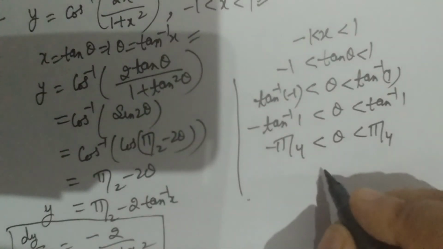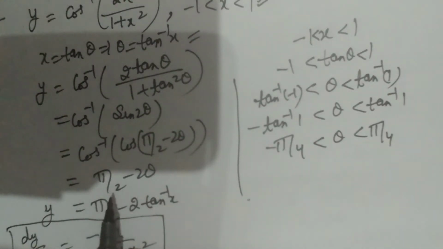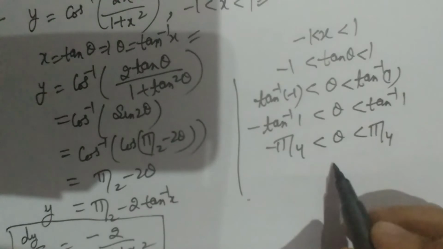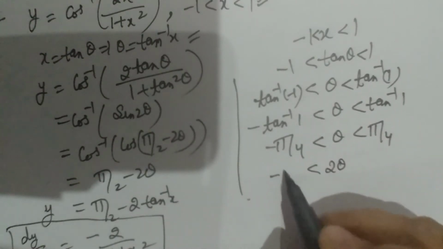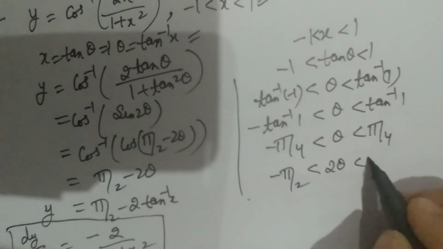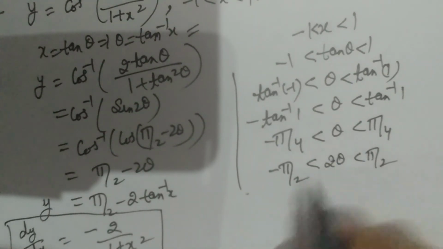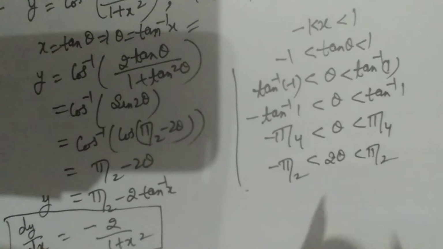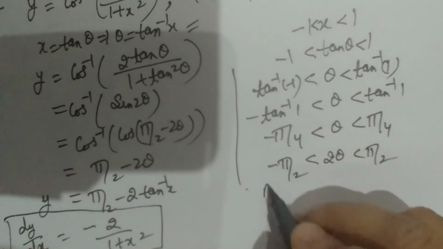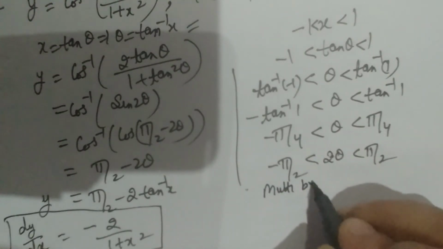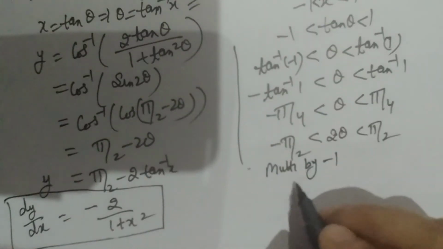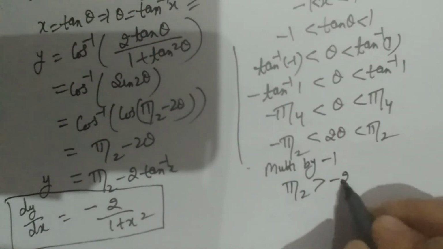Now my question is again like this. I'll multiply with 2, so it is minus pi by 2 to pi by 2. Now I need to make it minus 2 theta, so I'll multiply with negative sign. But remember that the direction of inequality will change.